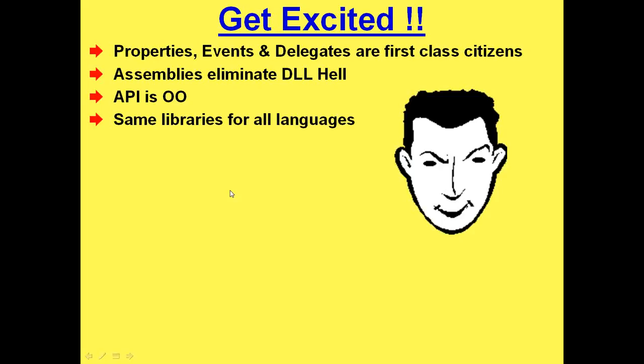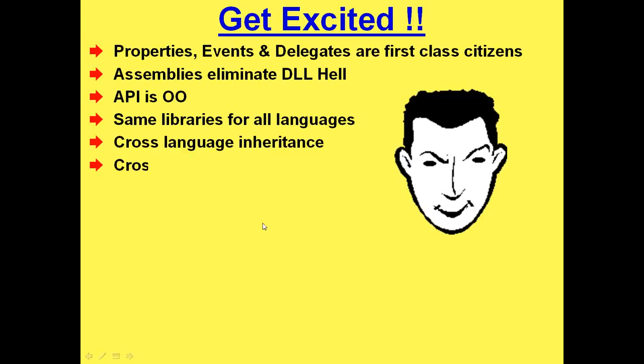You can work with C#.NET, you can work with VB.NET, you can work with ASP.NET, but the library is common for all the .NET languages. Whatever library we are using for C#.NET, the same library will be used for VB.NET.